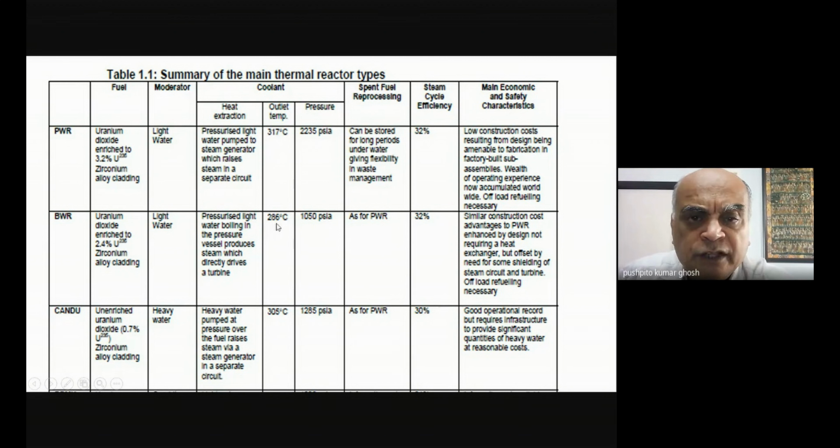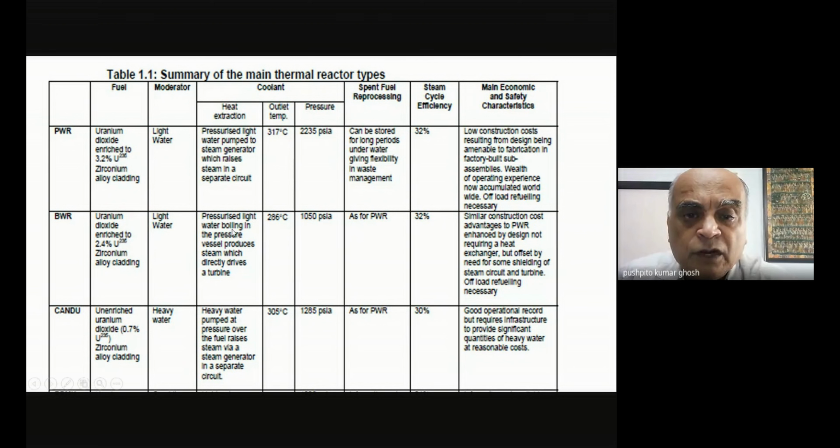And you can also see the temperature. Right, so this is the kind of pressure and temperature at which steam is being generated in the boiling water reactor. So obviously, as you pressurize something, naturally the water will boil at a higher temperature, and that's effectively what happens.